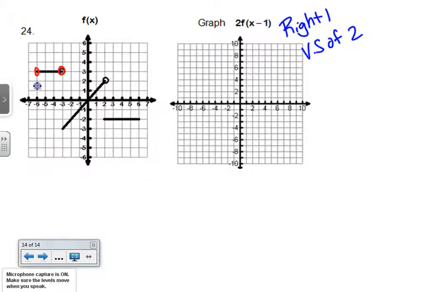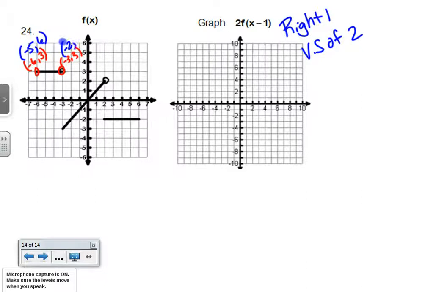So this is the endpoint of negative 6, 3. And this is the endpoint negative 3, 3. And if I think about shifting everything right 1 unit and then stretching it vertically, multiplying the y value by a 2, what that's going to do is make my new point negative 5, comma 6, because I shift right 1 unit, so negative 6 to negative 5, and then stretching my y's by a factor of 2.